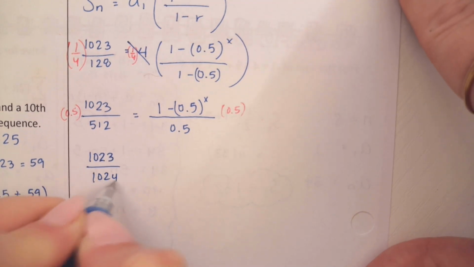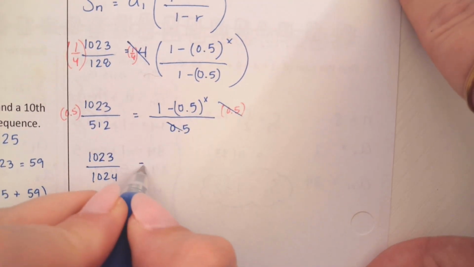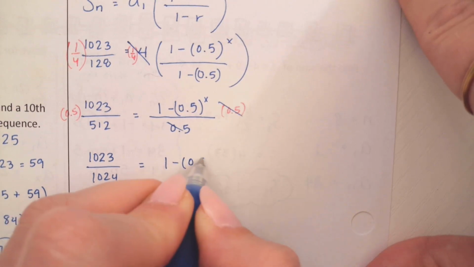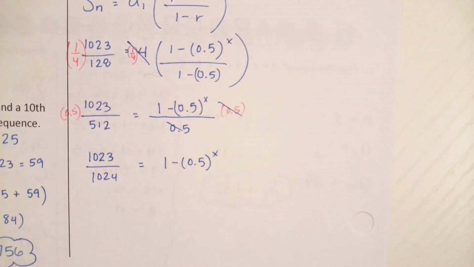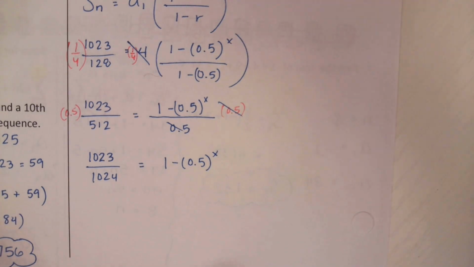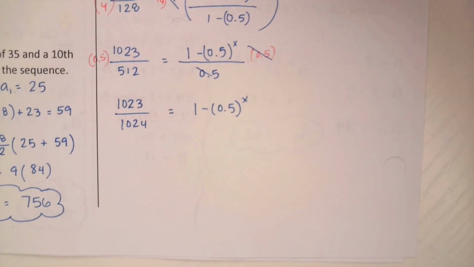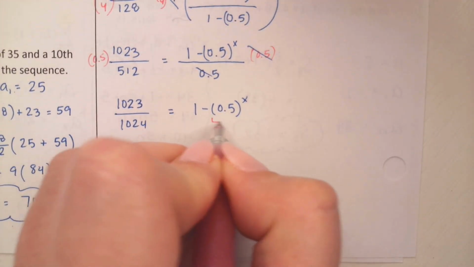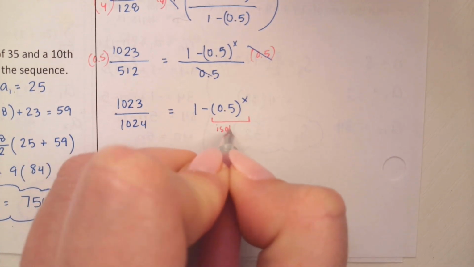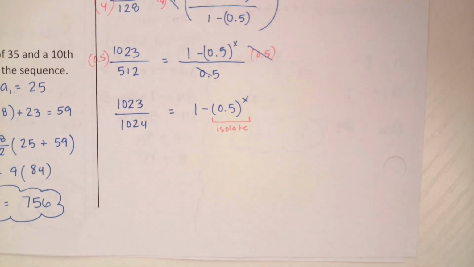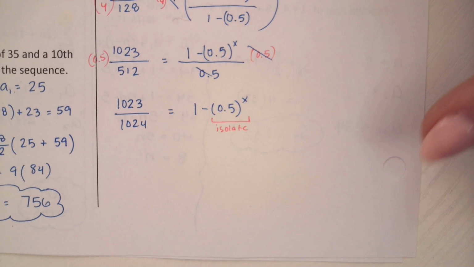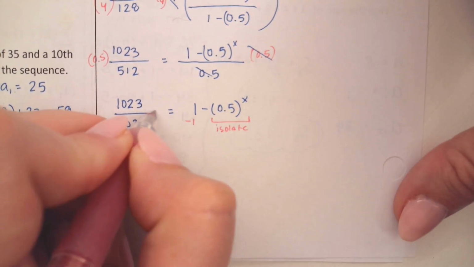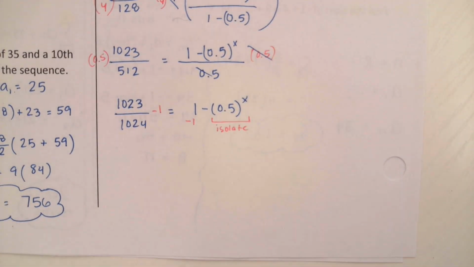Interesting. What type of equation is this? It's exponential, right. So we're trying to isolate the part that has the base and the exponent. Not yet, no, or never multiply by 0.5. Definitely subtract this 1. Minus 1.